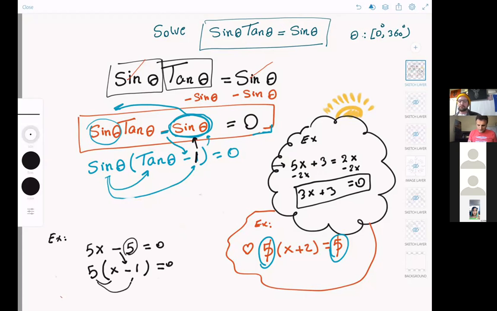So now that we factored it, we can just apply the property to solve it.